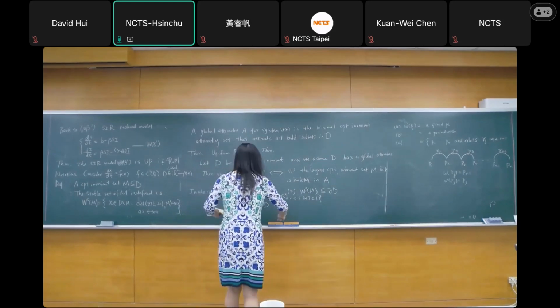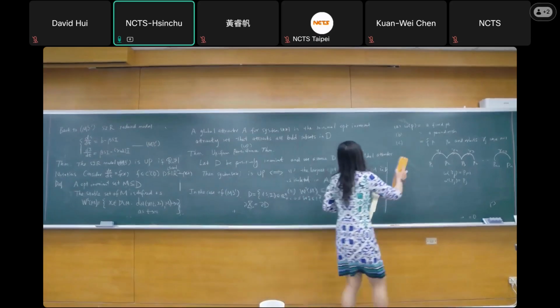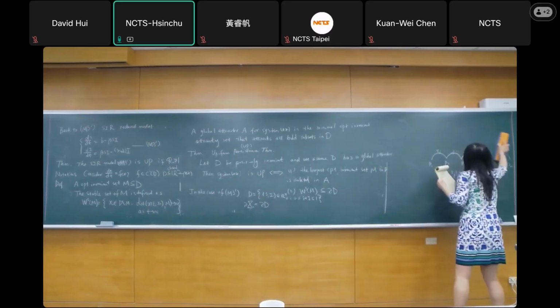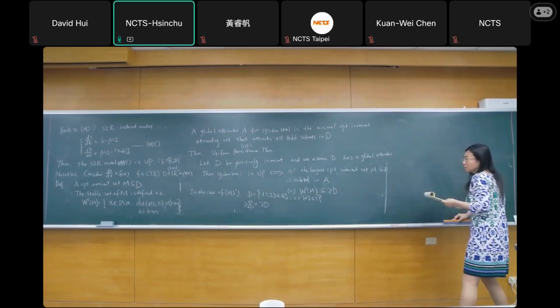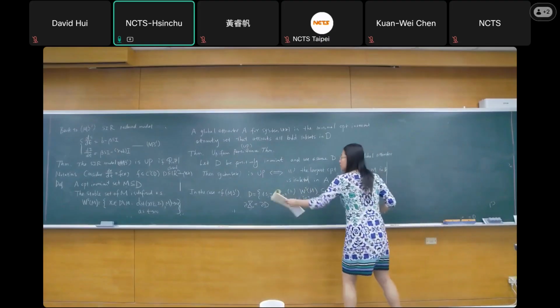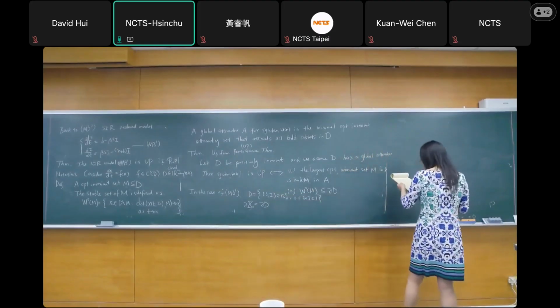Okay, so now in this specific example, what uniform persistent means depends on the extinction domain or extinction set you pick. Then that has a different meaning.